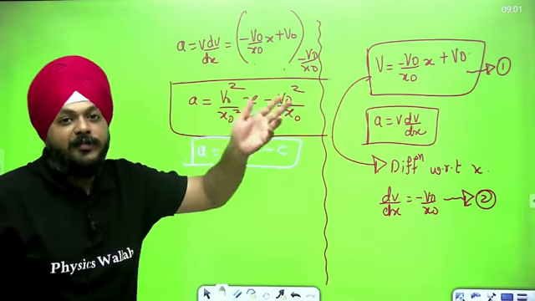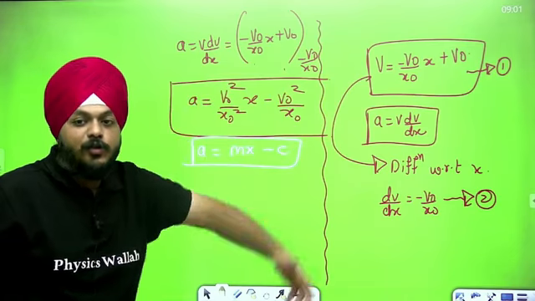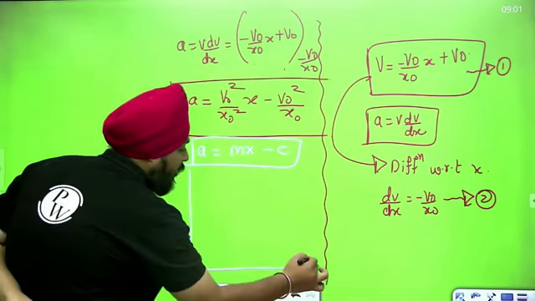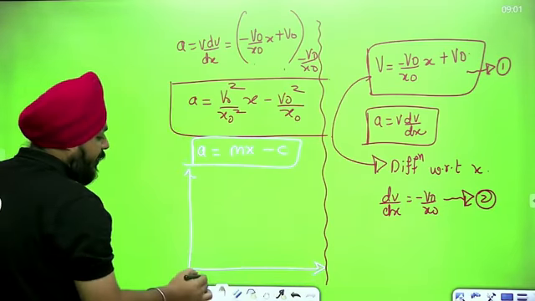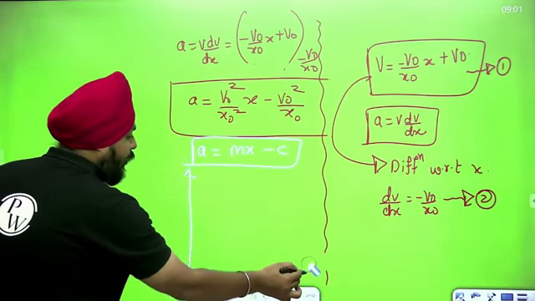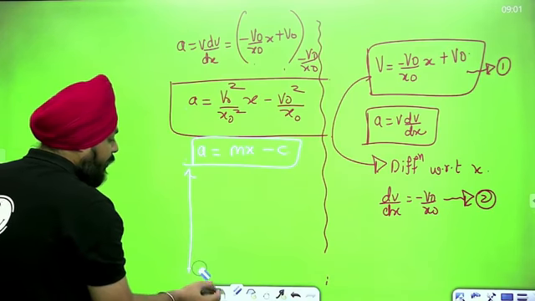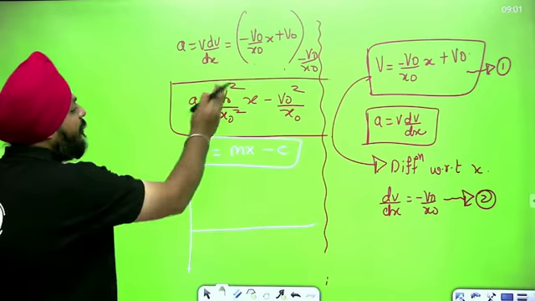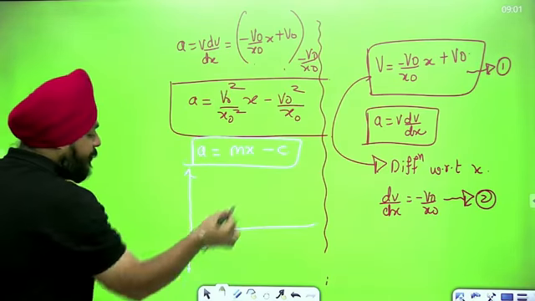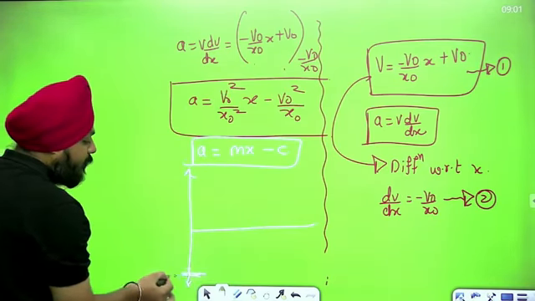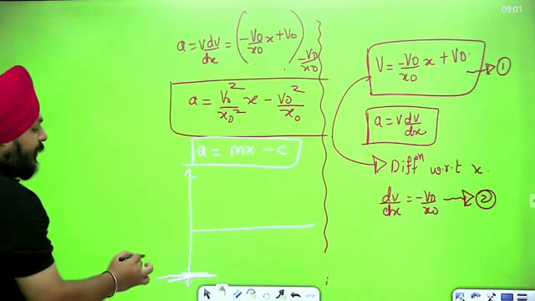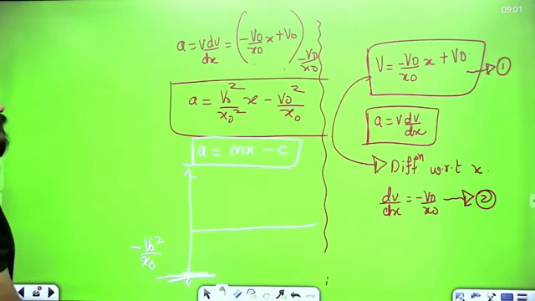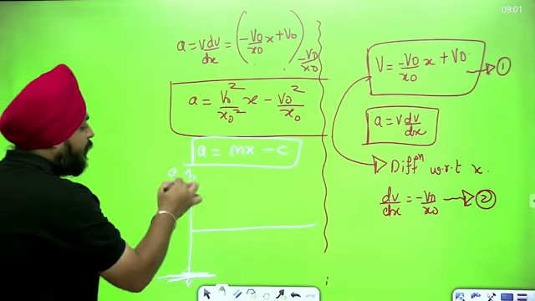So this is going to follow y is equal to mx plus c. But here we have a positive slope and a negative intercept, negative v naught square by x naught. The slope is positive.